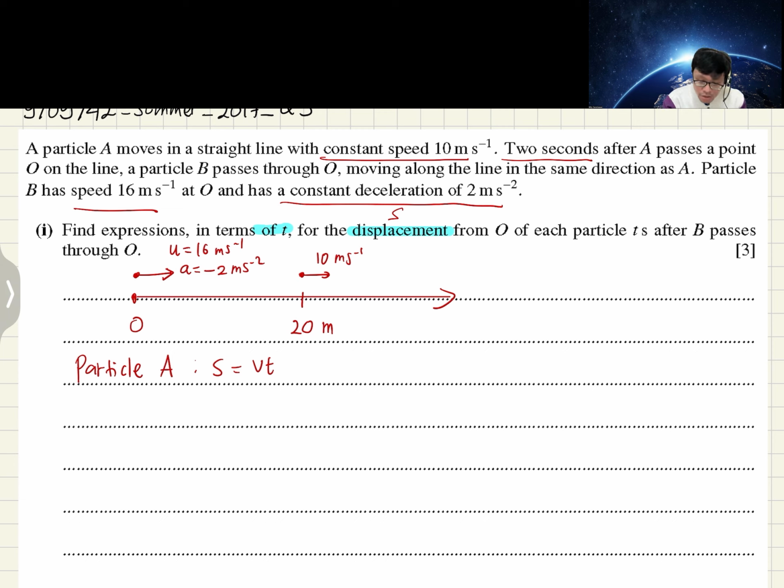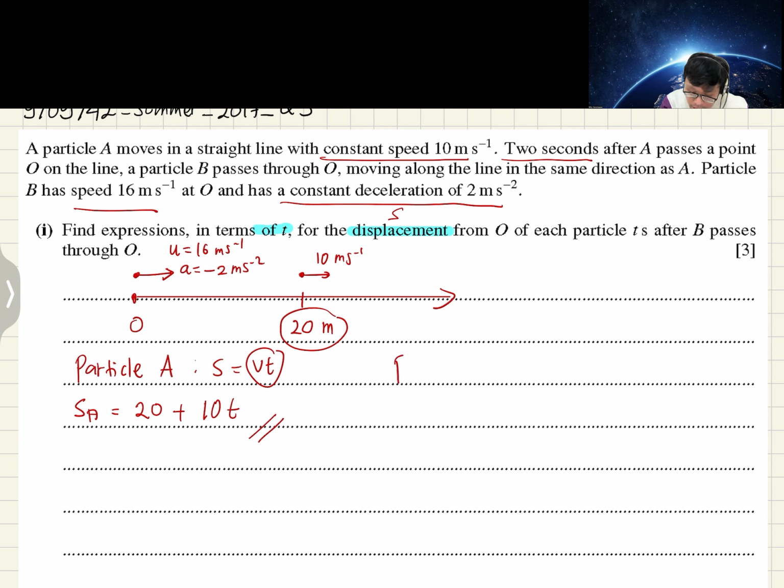The displacement for A, let's say SA, equals 20 plus V times t, because particle A does not start from 0 but from 20. The speed is 10, so 10 times t. So this is the equation for particle A.